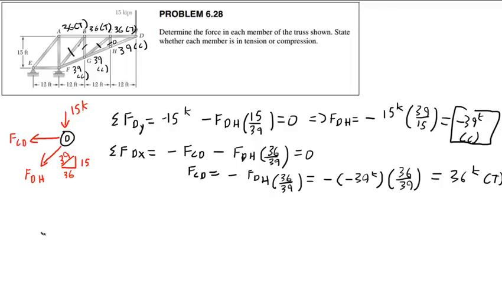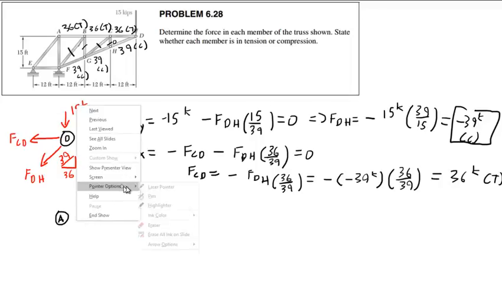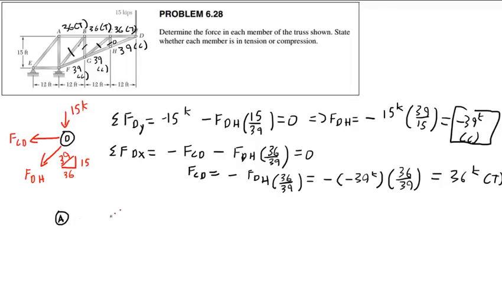Next, I will draw joint A. So we now have the truss mostly solved. I'm going to say, okay, we have FAE, FAF, and FAB.